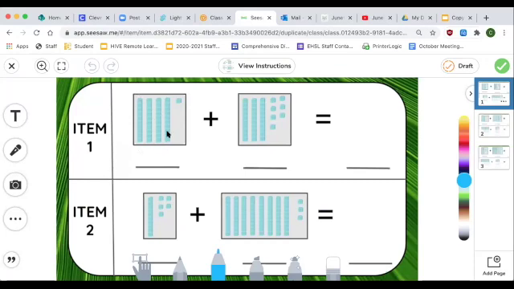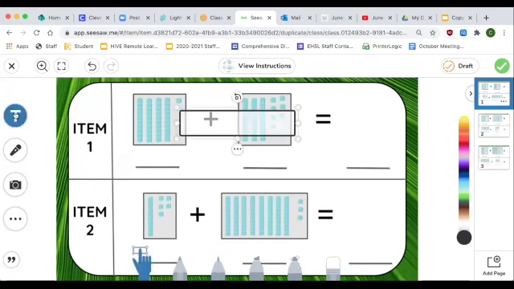You are counting up the base 10 blocks or counters, and you're adding those two numbers together. So this first one, I have 1, 2, 10, 20, 30, 40. So I have 4 10s and 1 1, so that's 41.